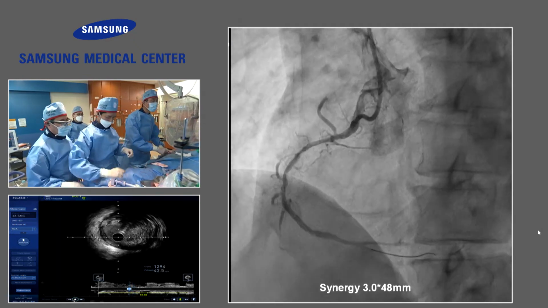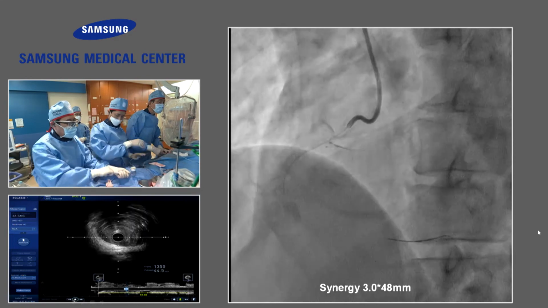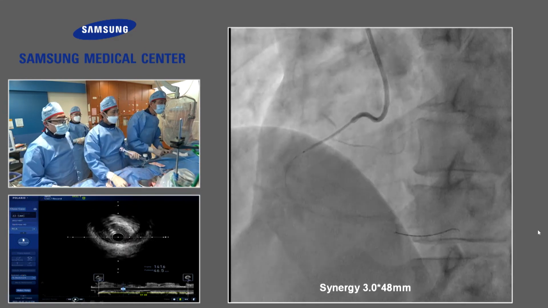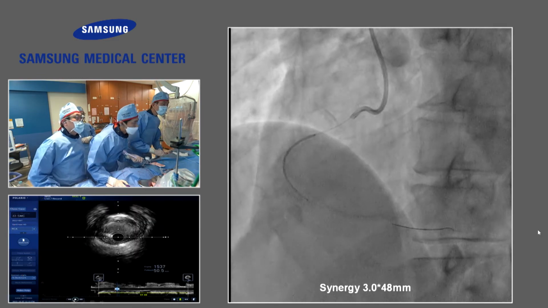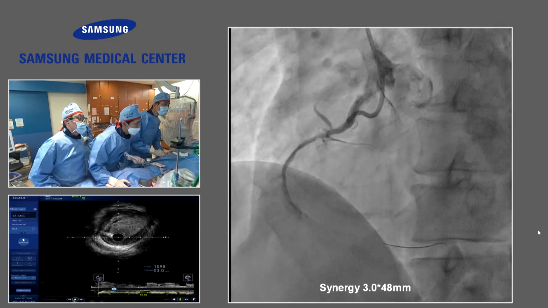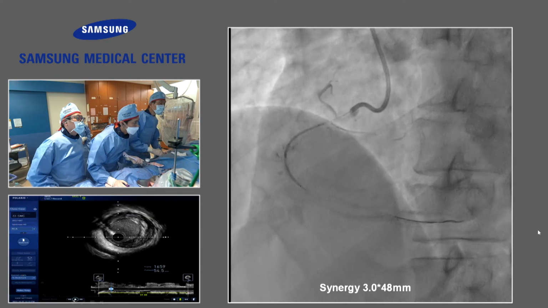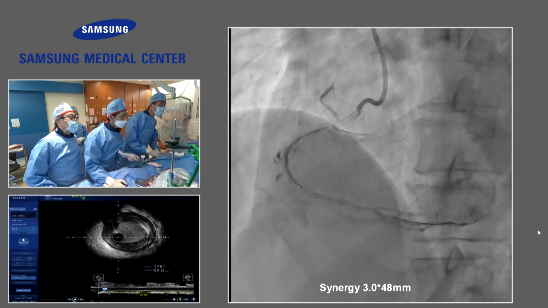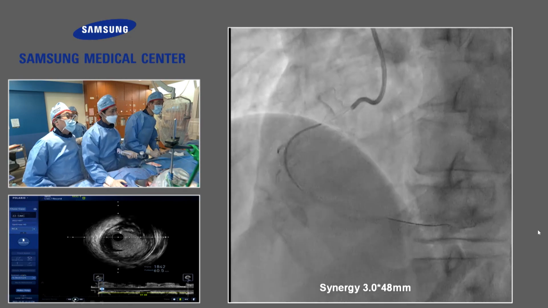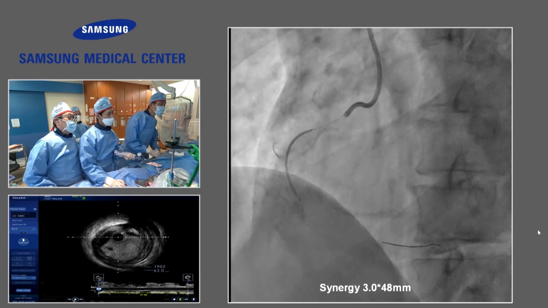I'm good. Very nicely. A little bit short. Test. Then I go in. It's a clear target.